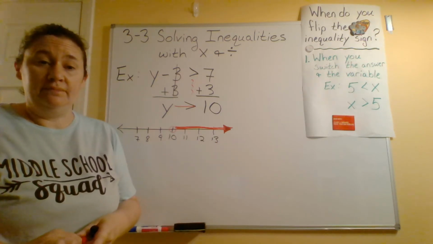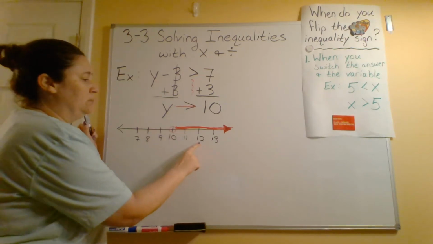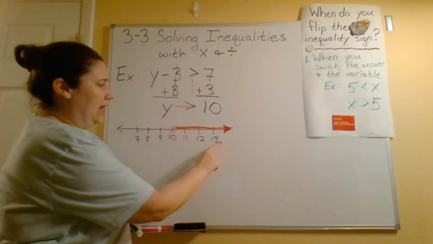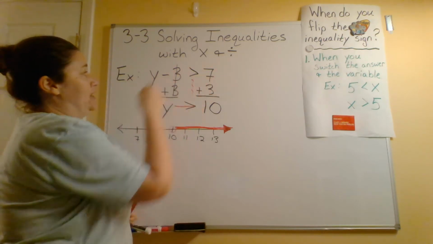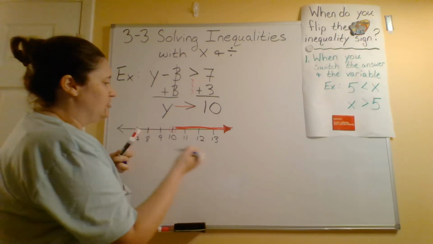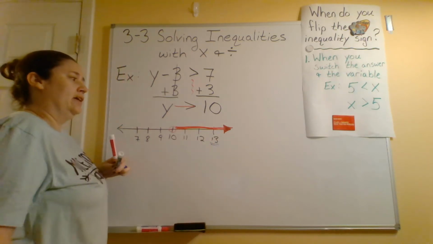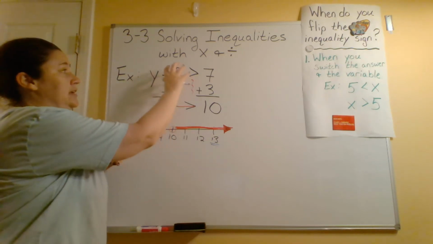And that's it. The answer is y is greater than 10, and these are all of the numbers that are greater than 10. If you wanted to check your answer, what you can do is pick any number on this line all the way up to infinity and put it in the original equation and see if it works. For example, I'll just take 13 since it's right there. 13 is on this line. That means it's a solution to this inequality.